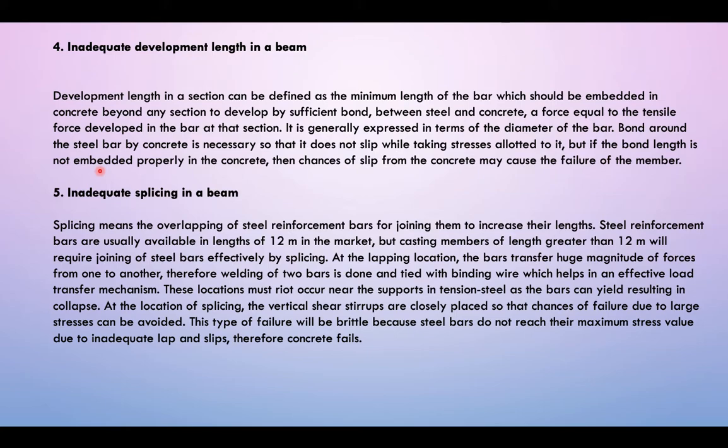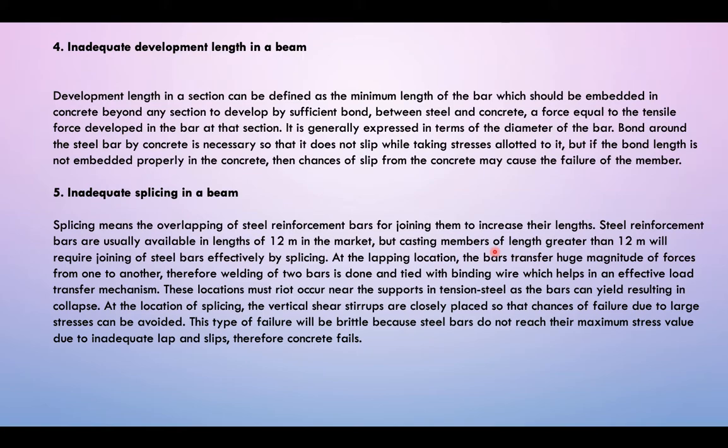Next one, lapping means overlapping of steel reinforcement bars, joining them to increase the length. I am taking an example: I have a 12 mm rod, and I take 10 meters of it for the slab.